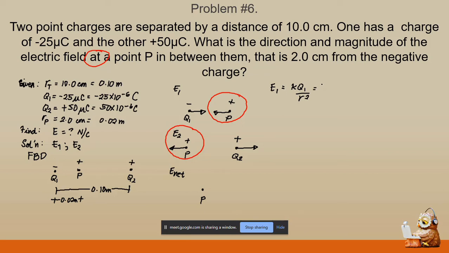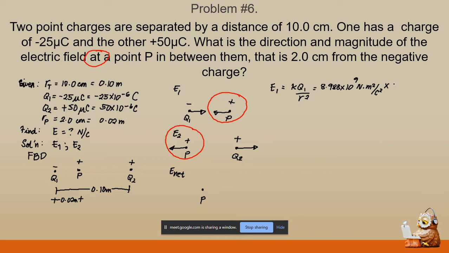Now, let's substitute our given values. For K, we have 8.988 times 10 raised to positive 9 newton meter squared per coulomb squared, times our Q sub 1, that is negative 25, but since we're dealing with the magnitude of E sub 1, we have to disregard the negative sign.